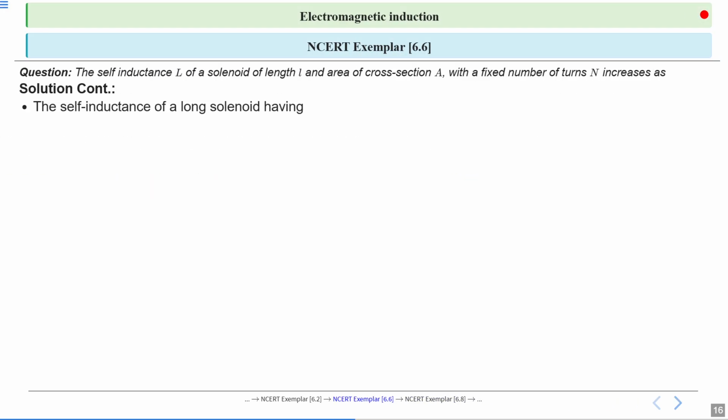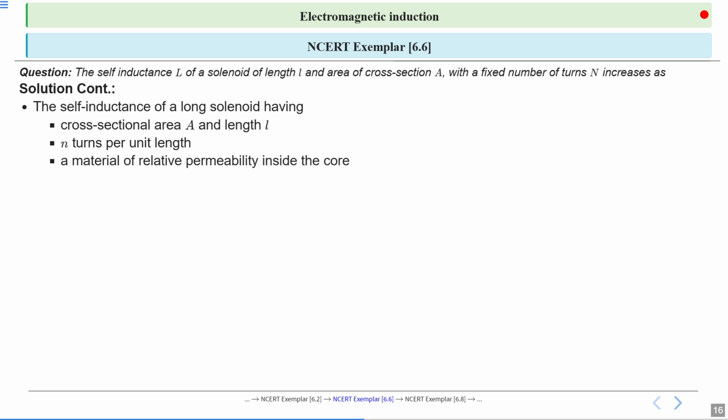The self-inductance of a long solenoid having cross-sectional area A and length L, n turns per unit length, and a material of relative permeability inside the core is given by L equal to mu r mu naught n square A L. When there is no material inside the core, you can write mu naught n square A L. When there is a material core inside the solenoid, it is written as mu r into mu naught n square A L, and this mu r into mu naught becomes mu, the permeability of the medium.